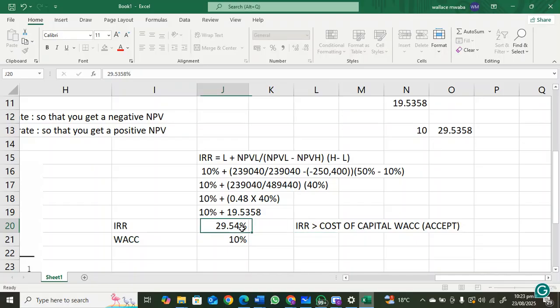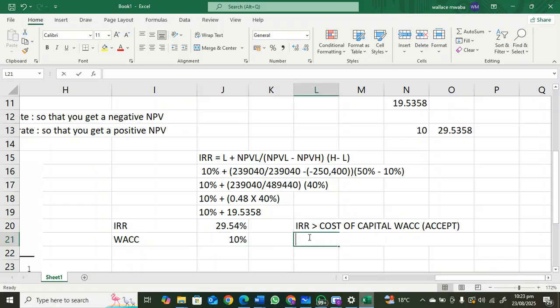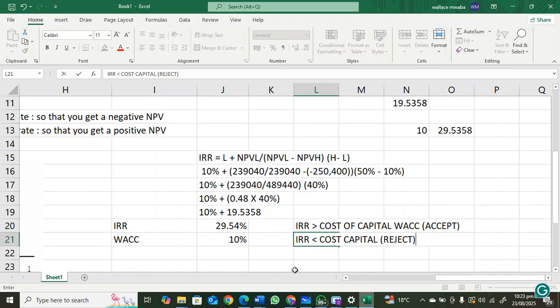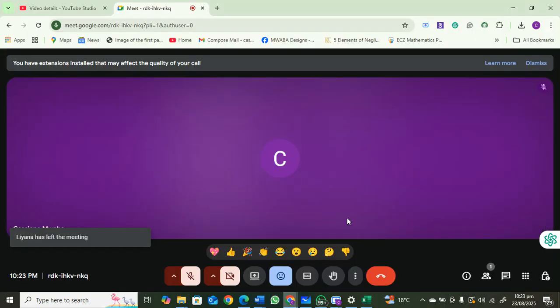In this case, our IRR is greater than the cost of capital, so we accept. If your internal rate of return is less than your cost of capital, you reject, because the return from your investment is less than what it cost you to make that investment.